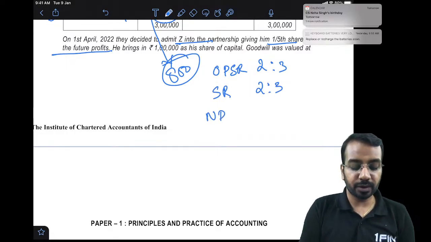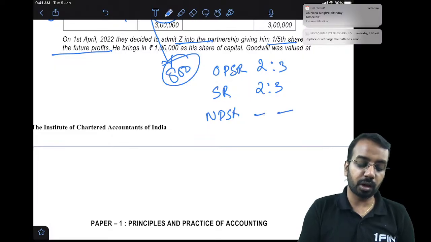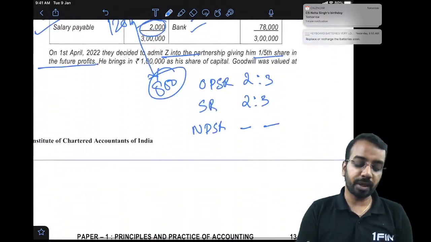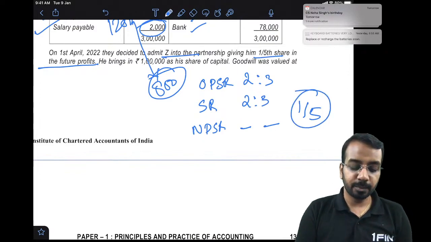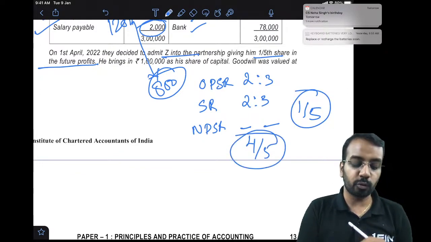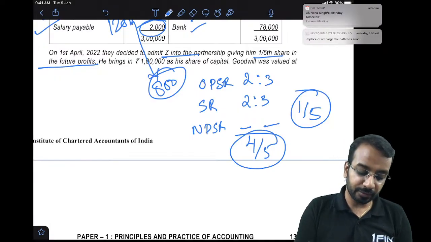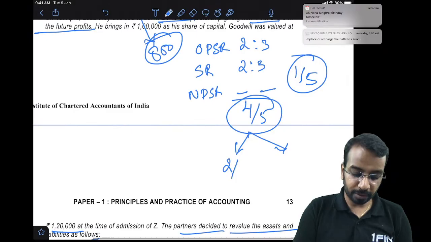And what is the new profit sharing ratio? We do not know, but the new partner gets 1/5. So 1/5 is given to the new partner, which means 4/5 is left over. This 4/5 you will split in the ratio of 2/5 and 3/5.